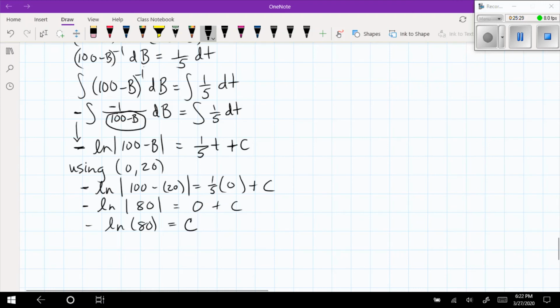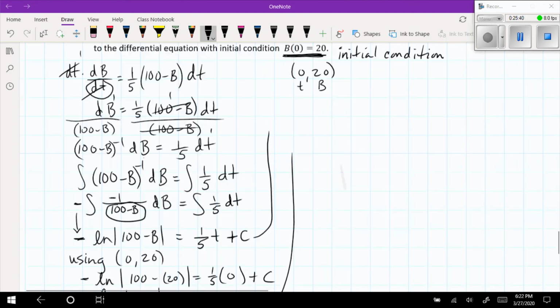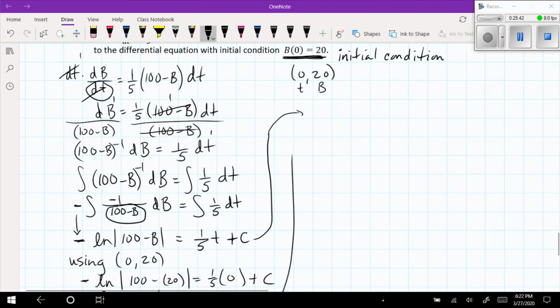So knowing that, and knowing the other piece of information, let's take this where I actually had my c, and let's take my new c value. Let's bring it up here. I'm going to say that my negative natural log of 100 minus b is equal to 1/5 t plus c.